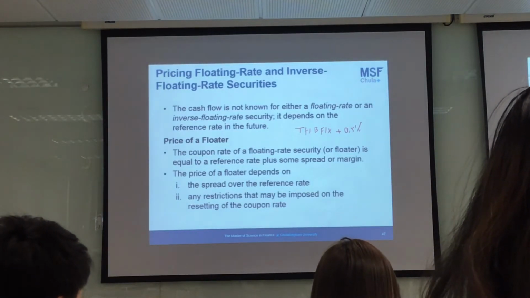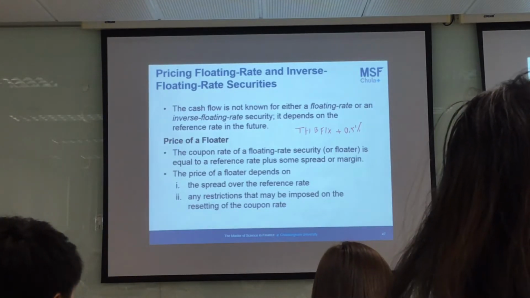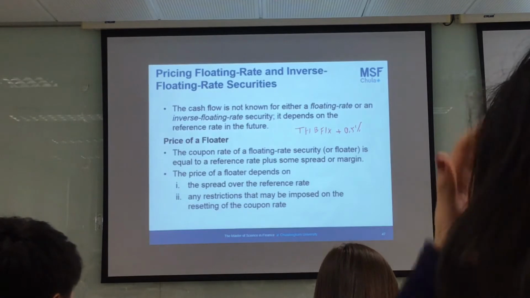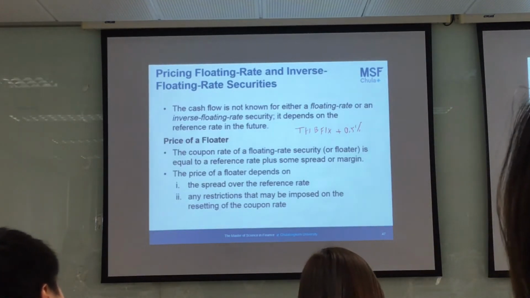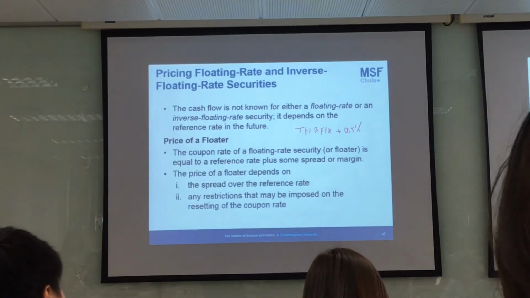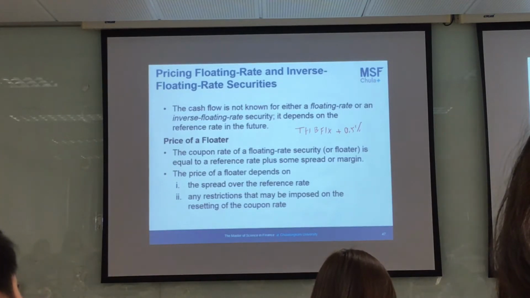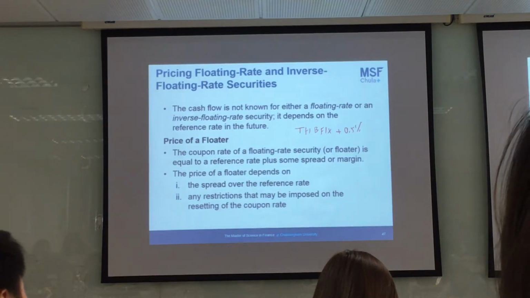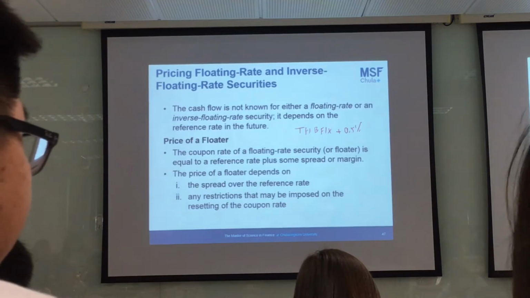So the rule that we have learned applies to the fixed rate coupon bond. Why? You look at the coupon rate. What we have learned is that the price of the bond must adjust to compensate for the change in the market rate, right? When the market rate increases but the bond pays the same fixed coupon rate, the bond price must decrease in order to compensate for the increased return in the market, because the fixed coupon is lower than the market rate.